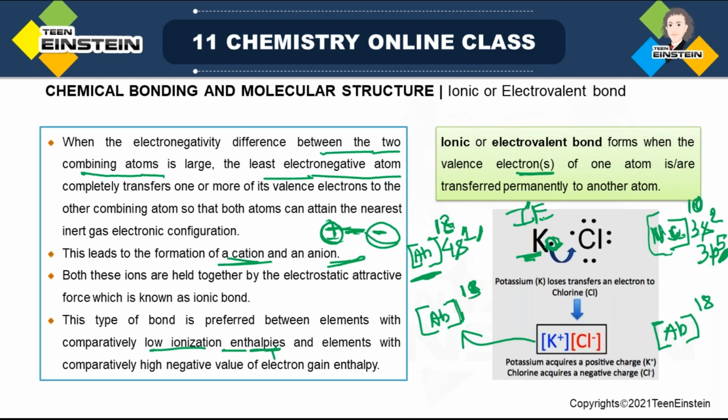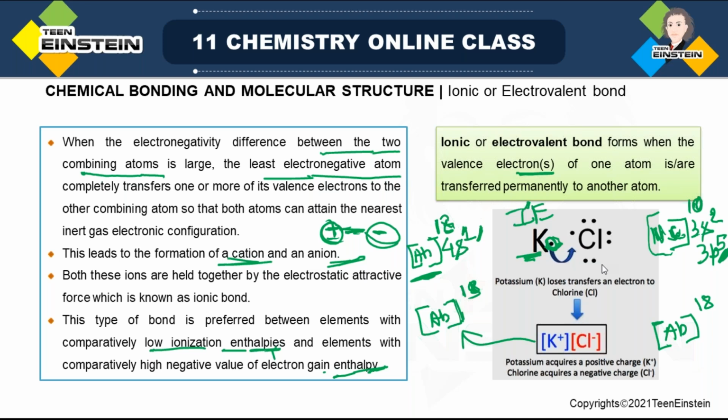And for the other one, as it is accepting an electron, it is electron gain enthalpy. That is the reverse process of ionization enthalpy. There you are removing an electron, in this case you are adding an electron. So if the one which is accepting the electron has a highly negative value of electron gain enthalpy, obviously it will be better. That is why for chlorine, we know it has a very highly negative value of electron gain enthalpy.